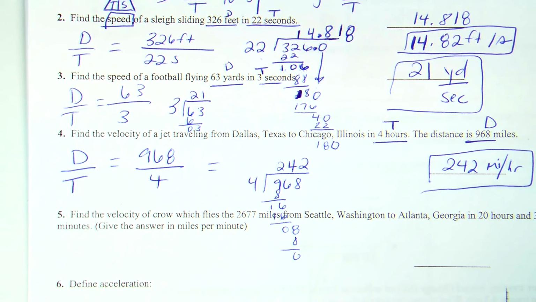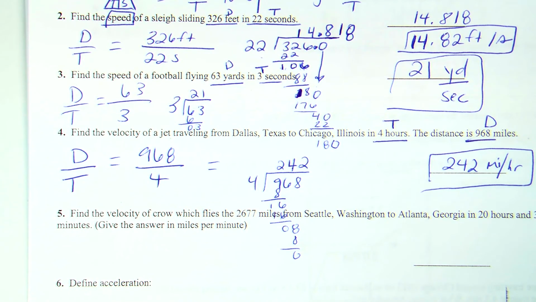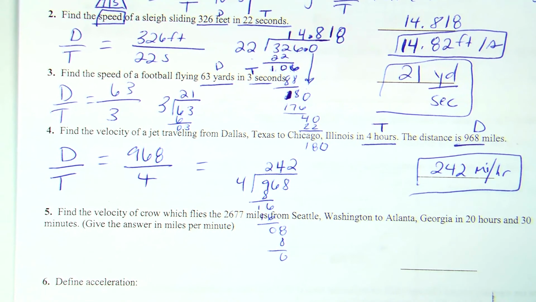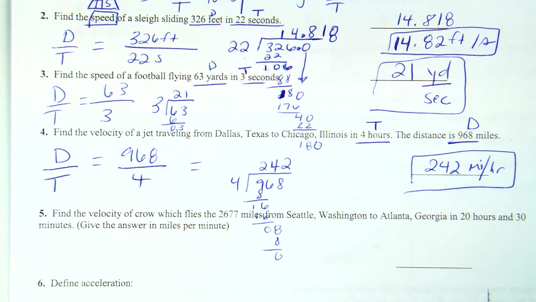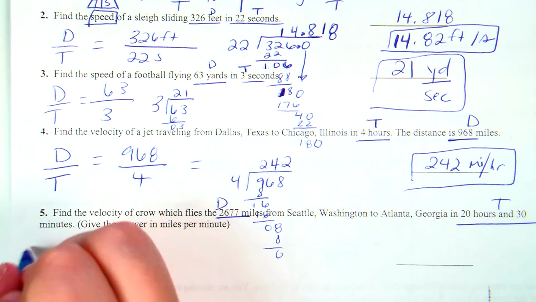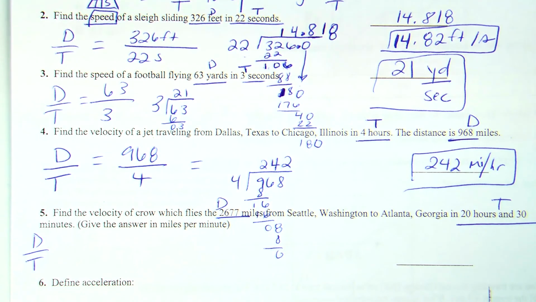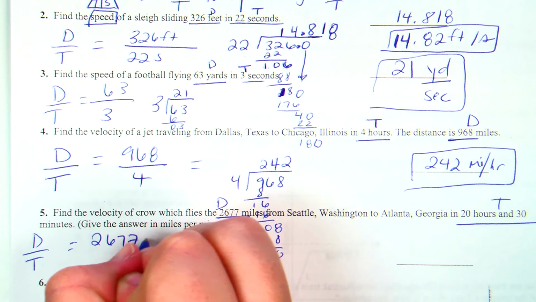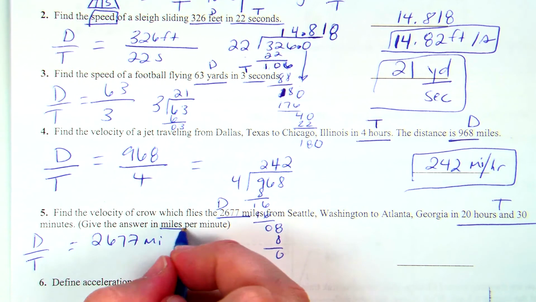Find the velocity of a crow, which flies the 2677 miles from Seattle, Washington to Atlanta, Georgia in 20 hours and 3 minutes. Give the answer in miles per minute. Okay, so there's your time, there's your distance, right? You first had to make sure that you have everything in the right format, because it says give it in miles per minute.